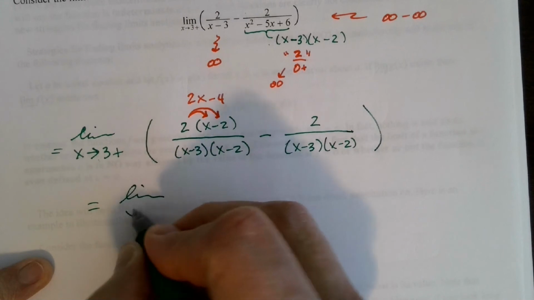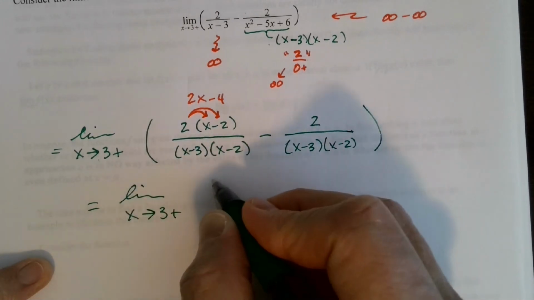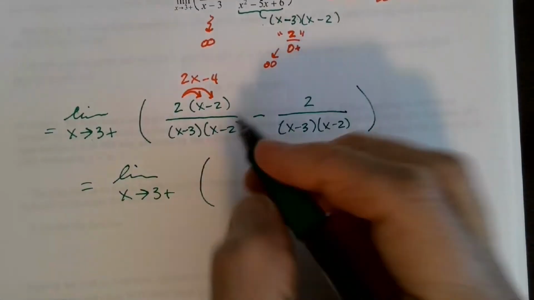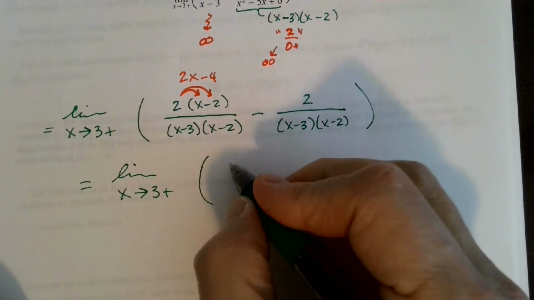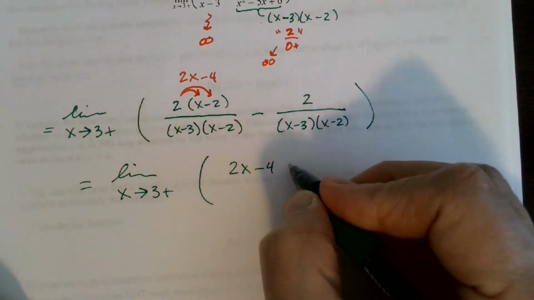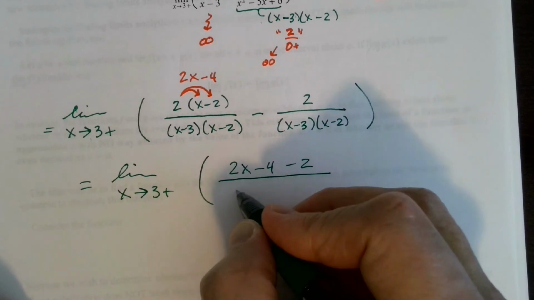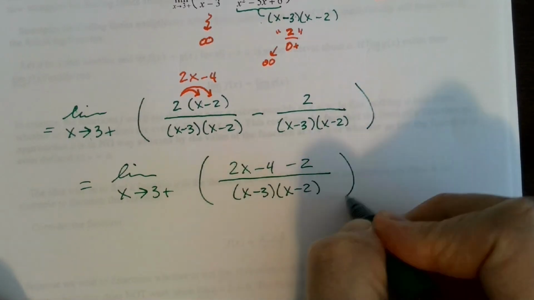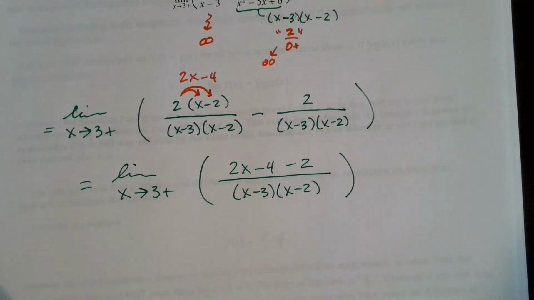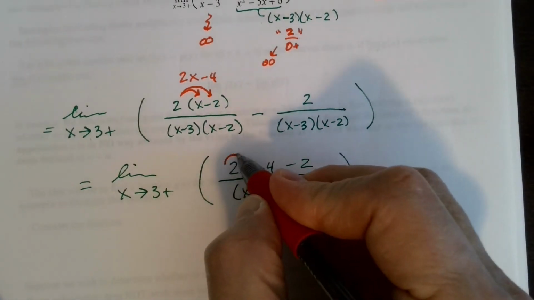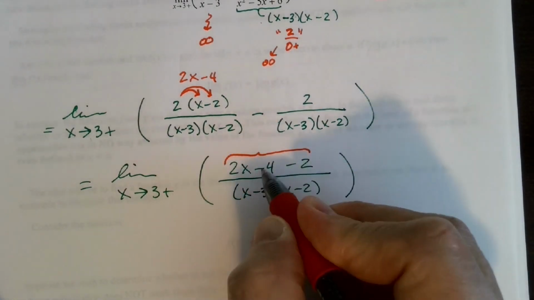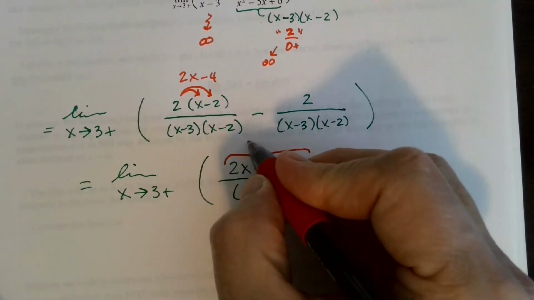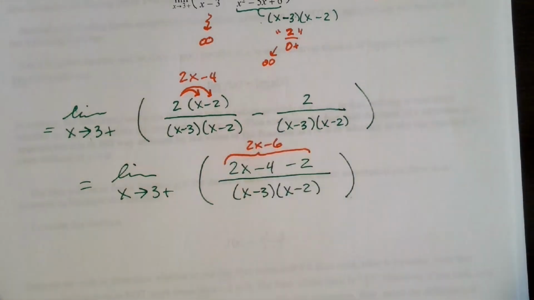The limit as x approaches 3 from the positive side of 2x minus 4 minus 2, all over x minus 3 times x minus 2. And what does this up top simplify down to? Can I combine some like terms? Yeah, negative 4 minus 2 is negative 6. I get 2x minus 6.